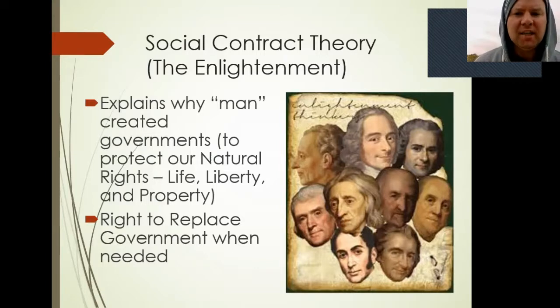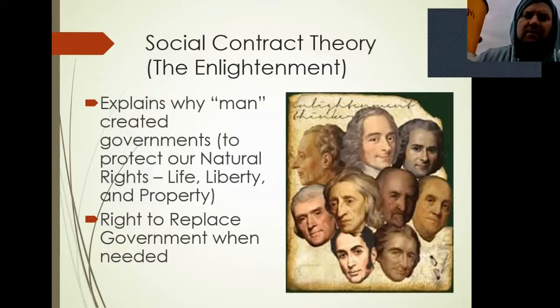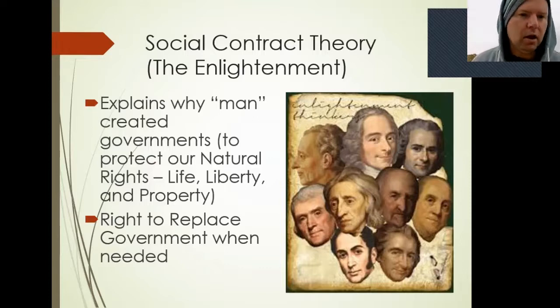So people like John Locke, Montesquieu, Rousseau, Voltaire, they were very influential when it came to developing our own American system of law, because our founding fathers, people like Thomas Jefferson and James Madison, Benjamin Franklin, were very familiar with the works of these Enlightenment thinkers. And they used a lot of those ideas as they were creating our own American style of government and law.